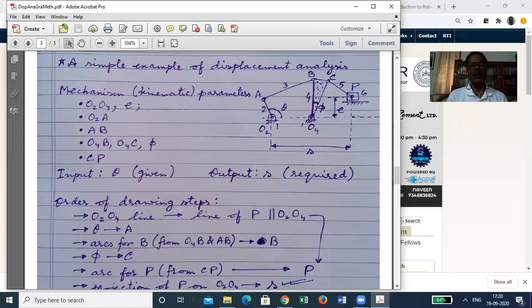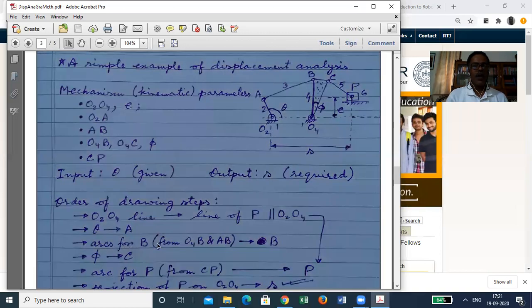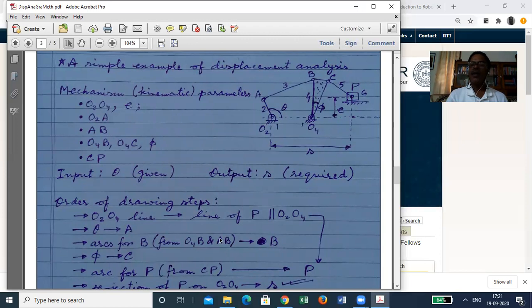So one arc for B, with O4B radius, with O4 as the center, another arc with AB as the radius and A as the center.